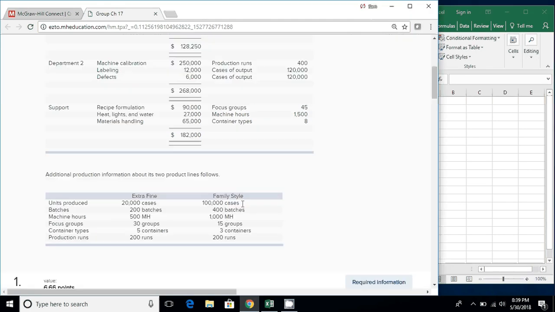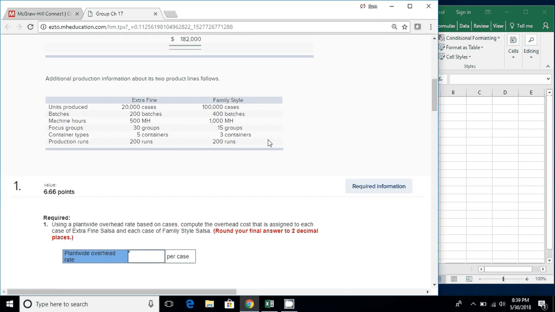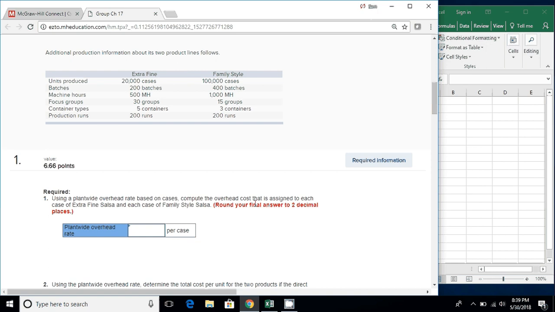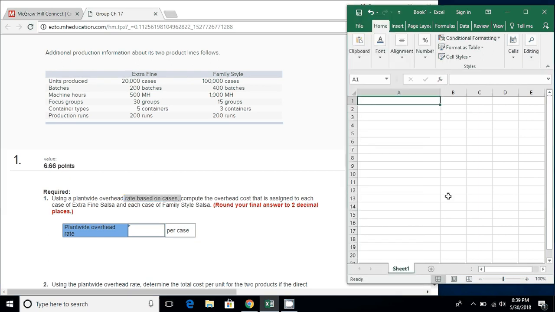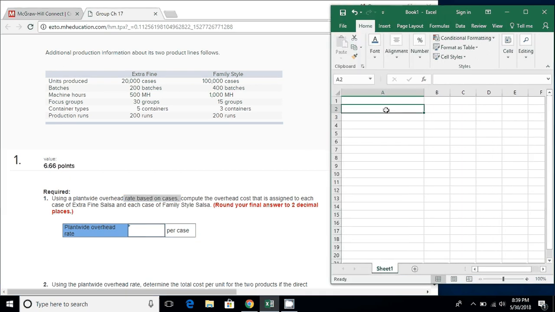That's really what we're talking about. Well, we know how to find the cost. We're just going to add those three numbers together. But it says that it wants us to assign it based on the number of cases. So we're going to assign this rate based on the number of cases. And you'll see here that we know how many cases there are. It's 120,000 cases.